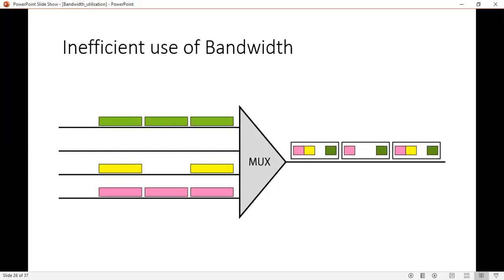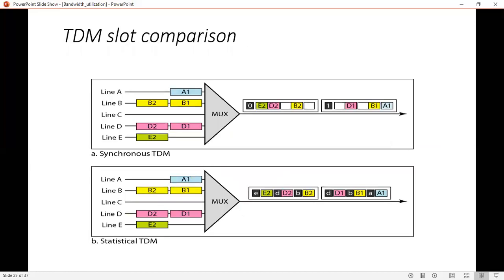So what can you do to utilize this bandwidth? For that you can use advanced synchronous time division multiplexing, that is statistical time division multiplexing. In the first case, synchronous time division multiplexing, a frame is divided into as many slots as there are input lines.